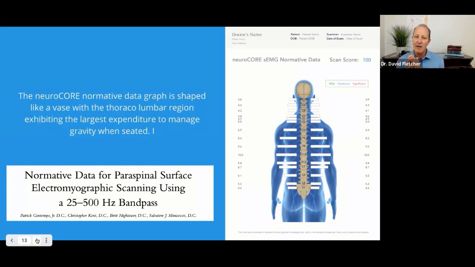So these are the important numbers: in the upper cervical region, for instance, at C1, you can see 3.8 on the left and 3.9 on the right. Don't know the reason, perhaps it's handedness or otherwise, that there could be this slight distortion, but we were able to codify 15 different levels and recognize that this normative data was what we could compare your patient to.